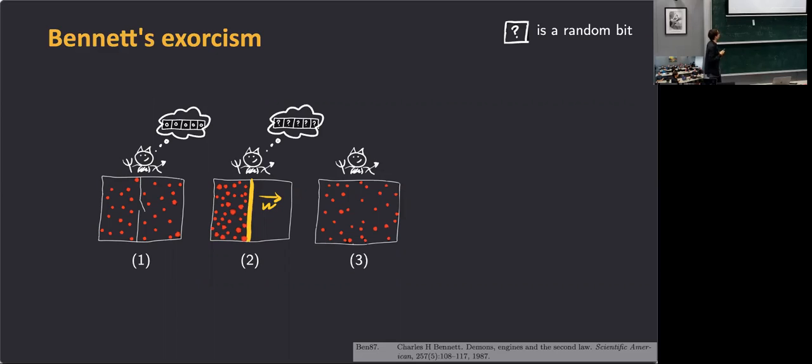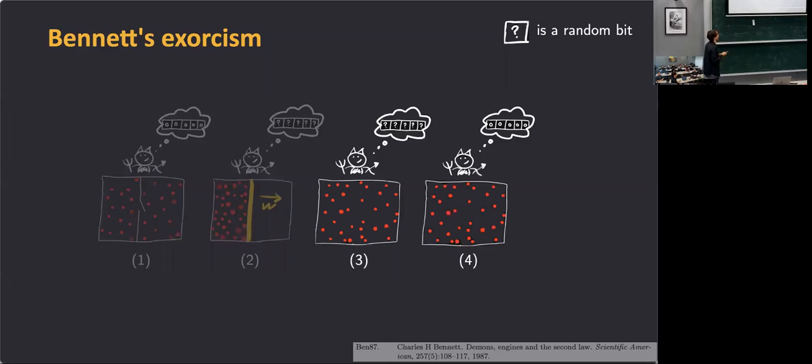And so the brain of the demon has been effectively randomized by this procedure, such that at the end of the third step, the gas is back at its original state, but the brain of the demon is not. The brain of the demon has been randomized. So if you want to really close the circle, we need to erase the brain of the demon.